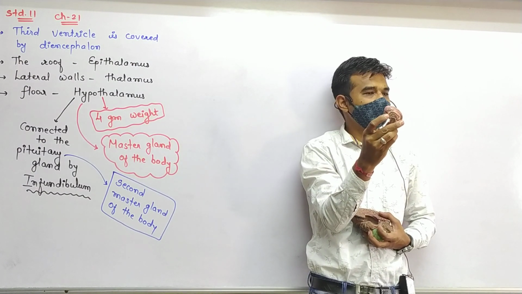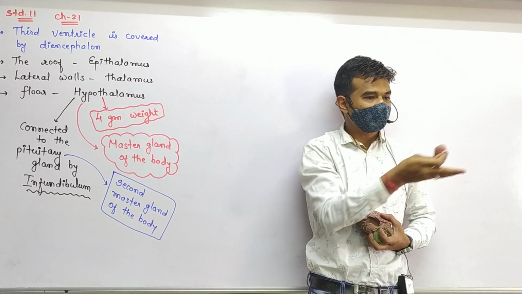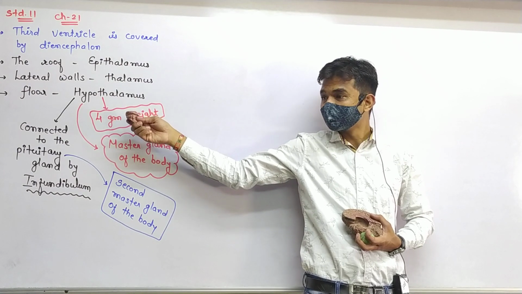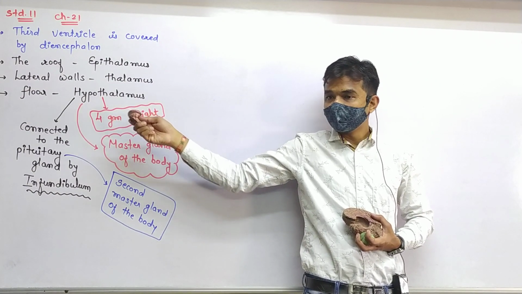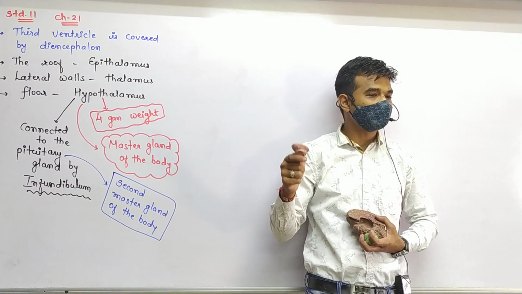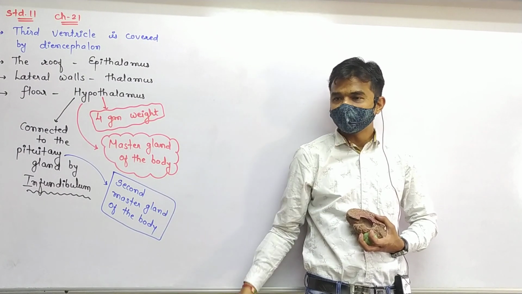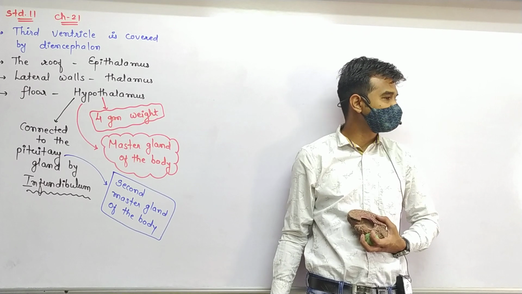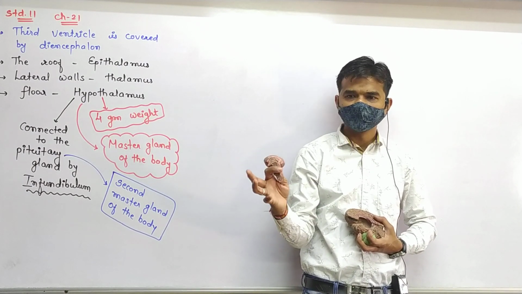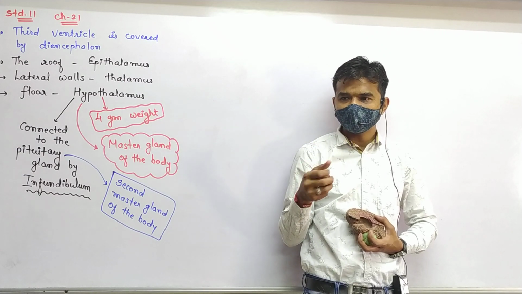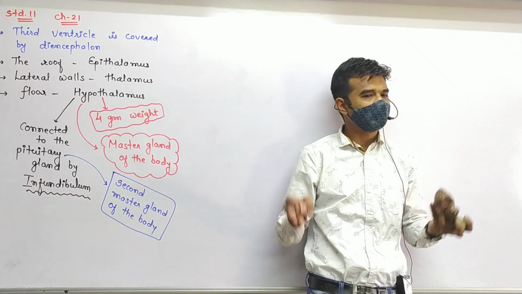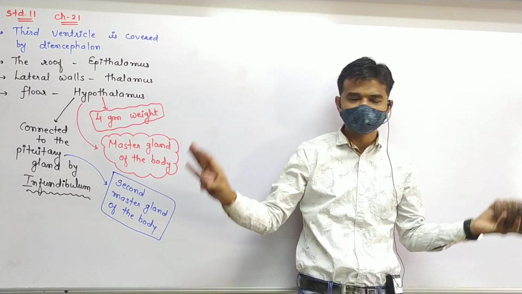This is known as the infundibulum, which is connected to the lowermost part of the diencephalon, that is the hypothalamus. And as you know, hunger, thirst and thermoregulation centers are all situated here in the hypothalamus. Especially you have to remember the thermoregulation center: we are homeothermic, and to maintain the body temperature, the hypothalamus is a crucial factor.